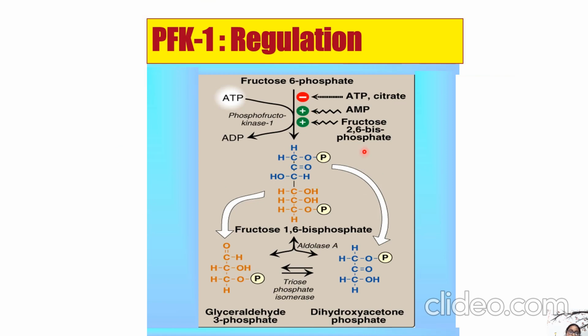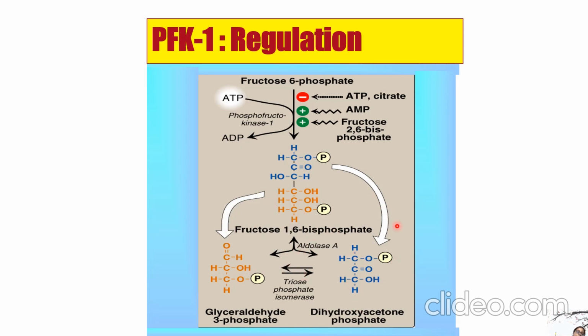Okay. Then there is a regulatory step, basically where fructose 6-phosphate gets converted to fructose 1,6-bisphosphate. This is catalyzed by phosphofructokinase 1, and ATP is converted to ADP. ATP and citrate negatively regulate this process, whereas AMP and fructose 2,6-bisphosphate positively regulate it.